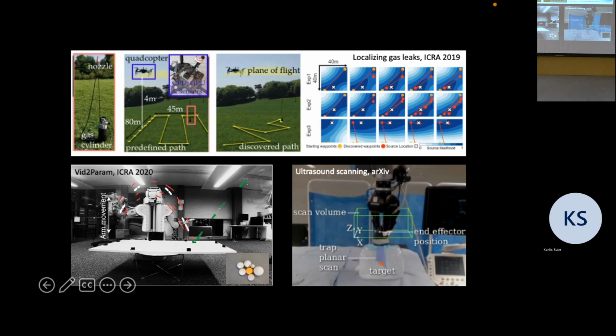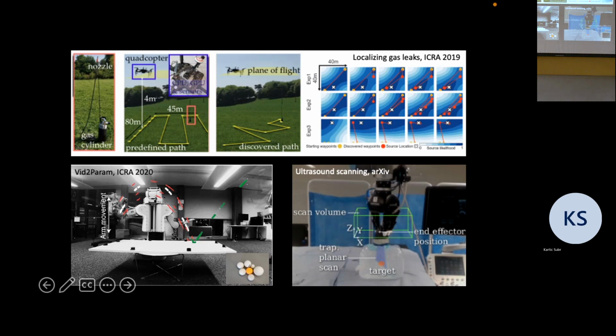And we found that this sort of idea was useful for a variety of robotics applications. So for example, here, we used a drone trying to sense where there was a leaky fluid. We had a carbon dioxide cylinder, we had a nozzle, and it was leaking out of that nozzle. Our goal was we would release the drone somewhere on the field, and the goal was to track out where the cylinder was.